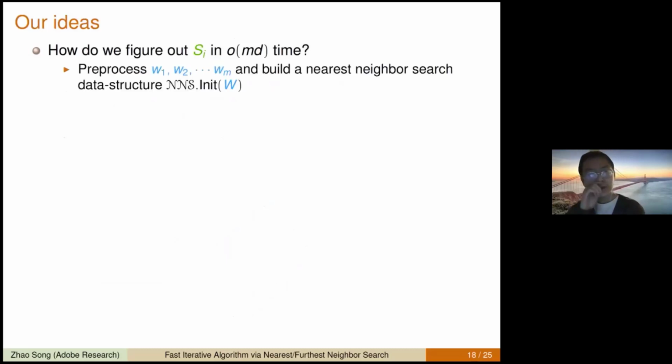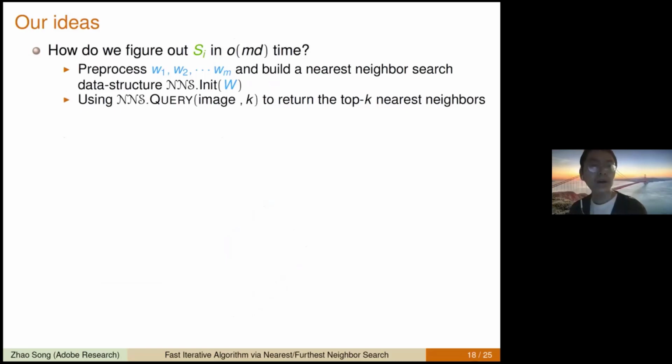So how do we figure out this important set S_i in sublinear time? What we do is preprocess all the weights, and build a nearest neighbor search data structure on these weights. Then our query is based on the image. You can also build the data structure on images and then your query is weights.